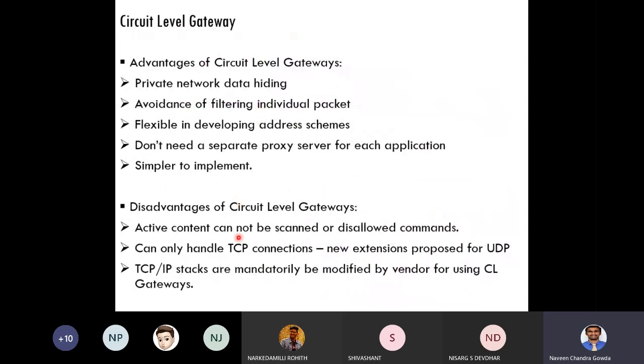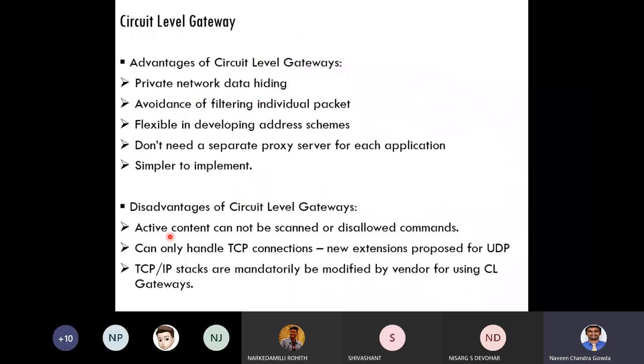Whereas it also has a few disadvantages. It cannot work with active content. What do I mean by active content? Whenever you will be receiving the incoming request in the form of TCP segments, those have to be scanned, and the request may contain data.